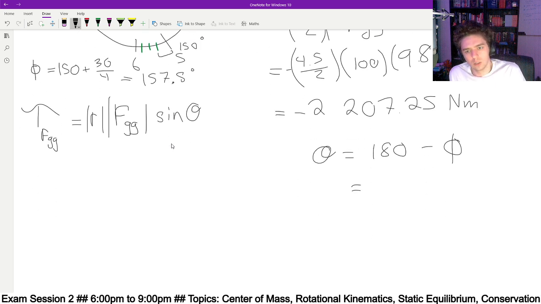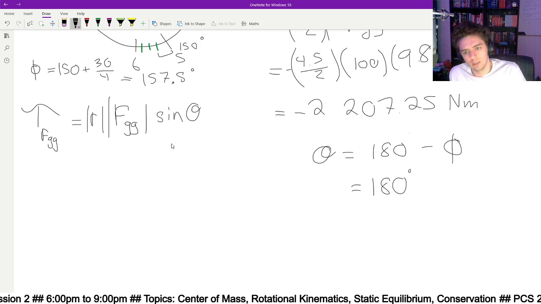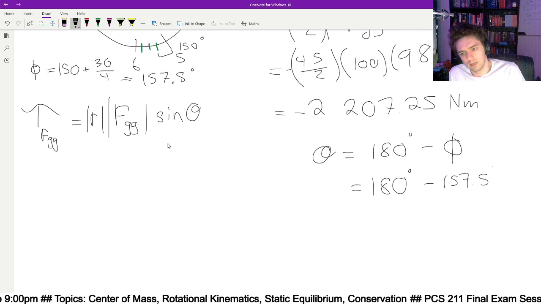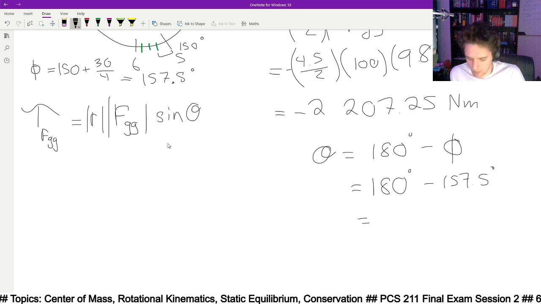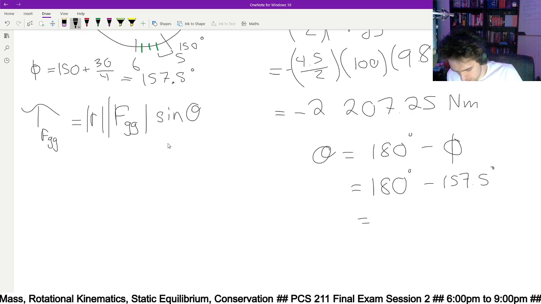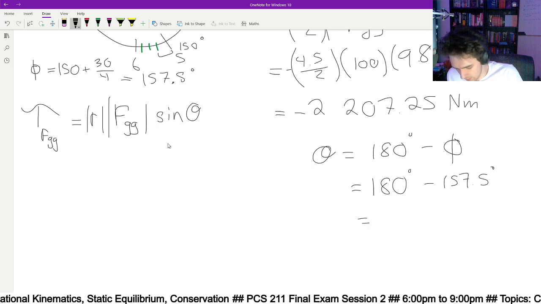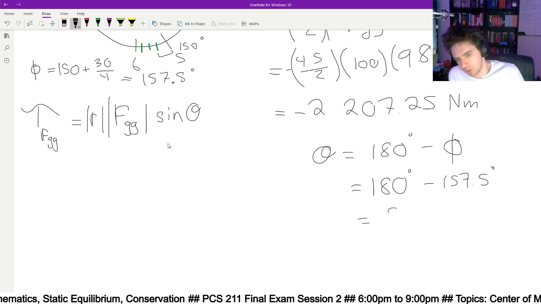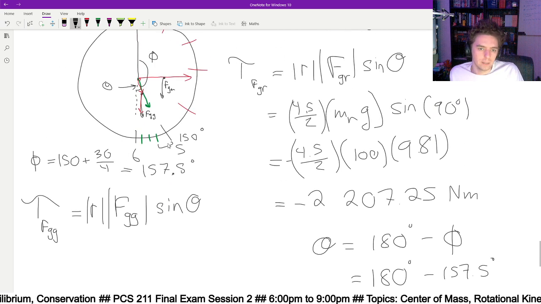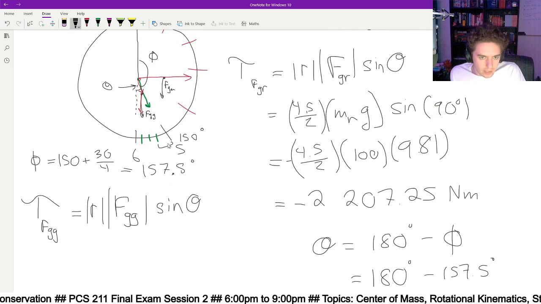So 180 degrees minus 157.5 degrees. I have a calculator here too. Minus 157.5. So I got 22.5 degrees.